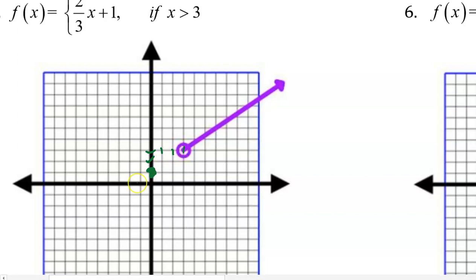So if we had the whole line, we would be looking across the entire domain. But because we are on a restricted domain, we start at f of x greater than 3, so it's an open hole. It does not include the point where x equals 3. And then we're going up 2 over 3.